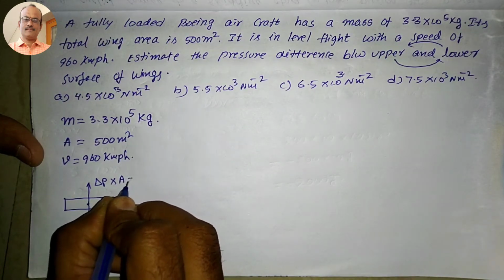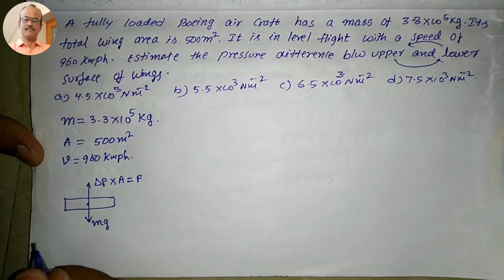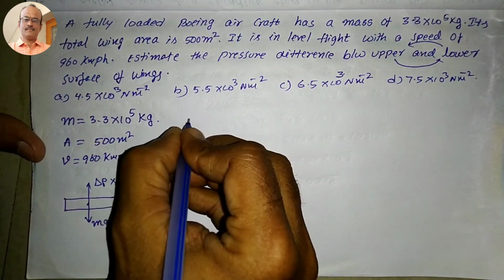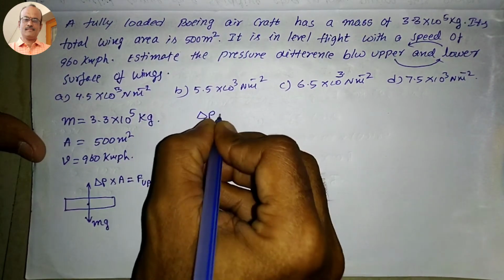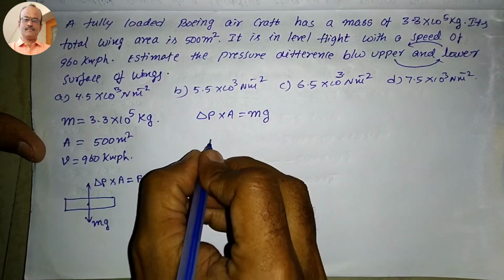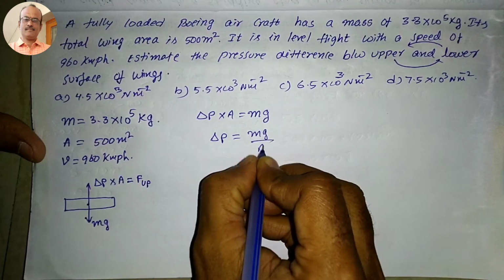Pressure is equal to force by area, so force is equal to pressure into area. So ΔP × A is equal to M × g. So the pressure difference is equal to mg divided by A.